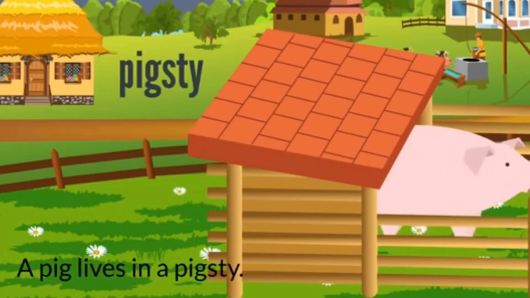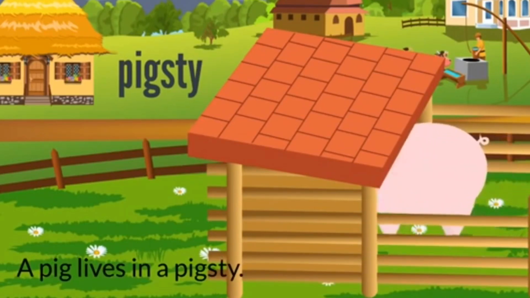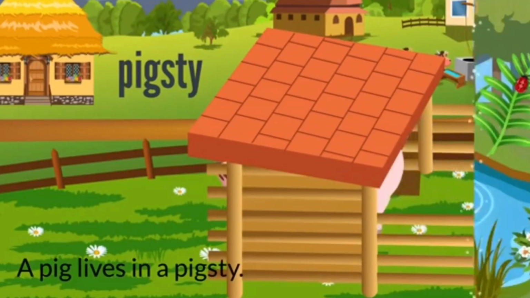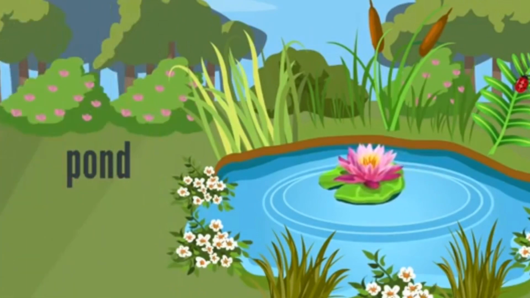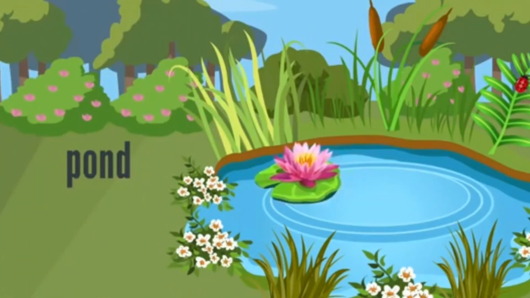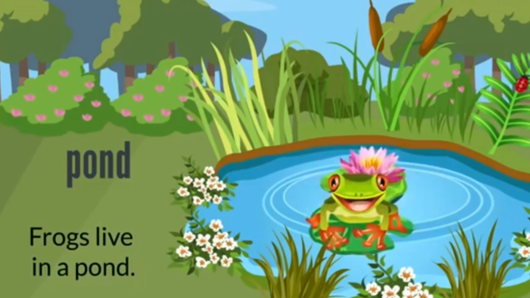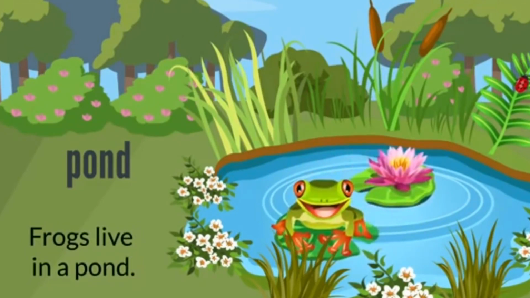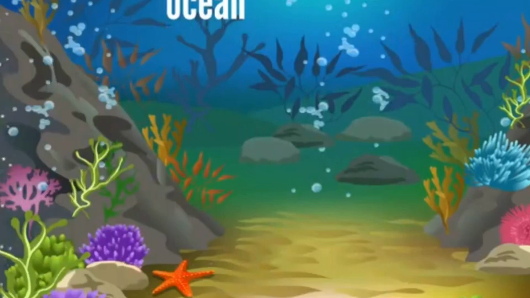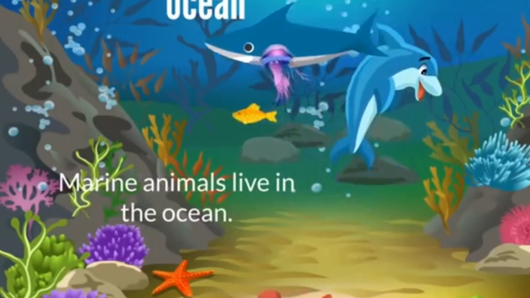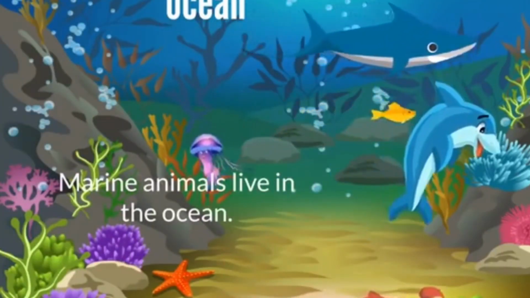A pig lives in a pigsty. Pond. Frogs live in a pond. Ocean. Marine animals live in the ocean.